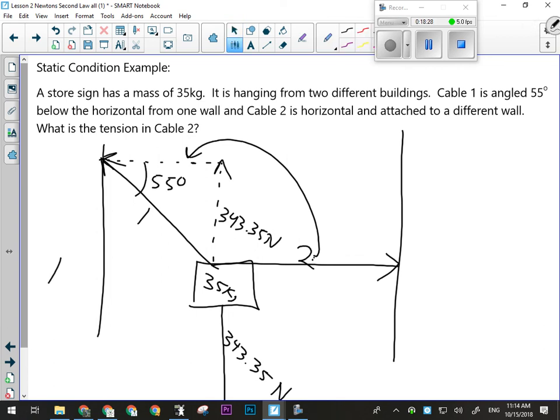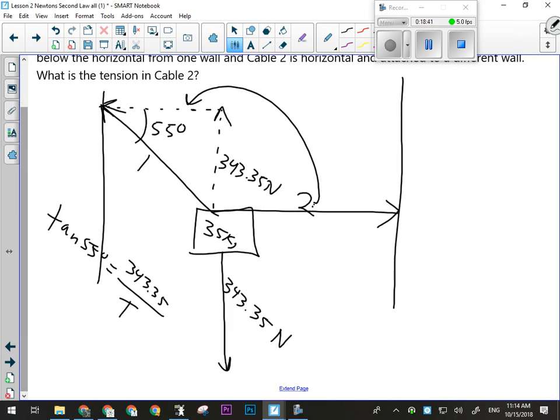Okay, so the tan of 55 degrees is going to equal the opposite side, which I know, 343.35, over the tension I'm looking for. So I'm just going to divide the 343 by the tan of 55.